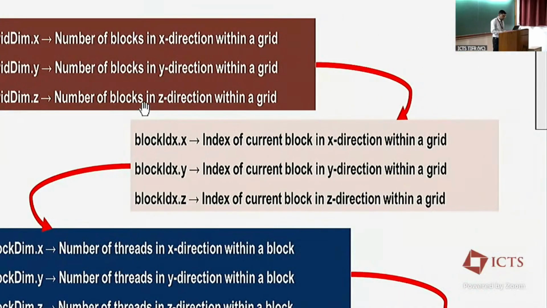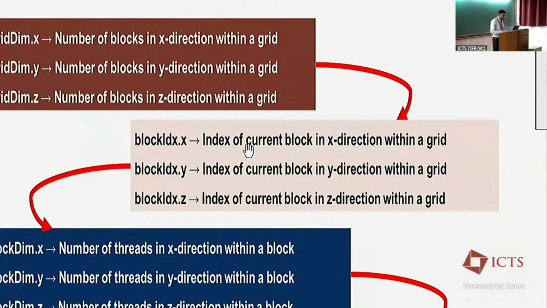Why it is actually important, I'll give you an idea about that. And the ID, if we want to calculate the ID of that block, suppose we give them numbering as 0, 1, 2, 3, 4.